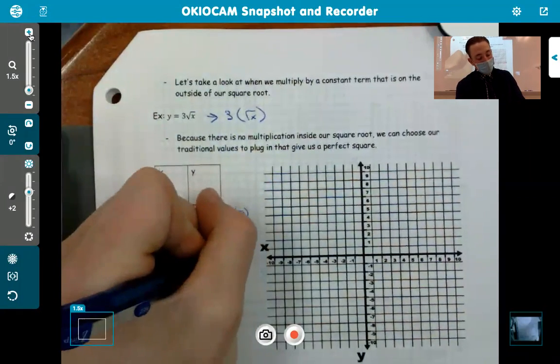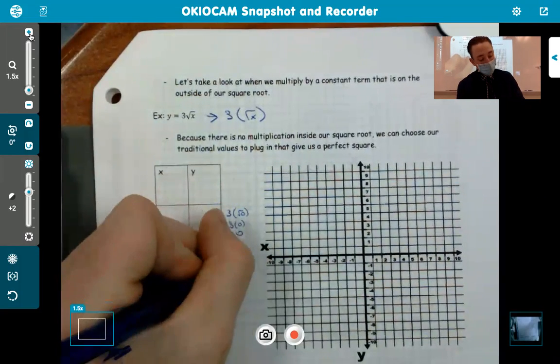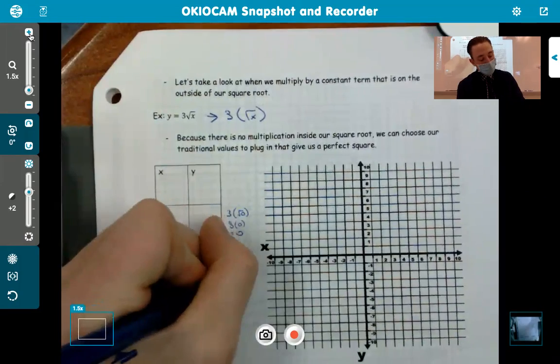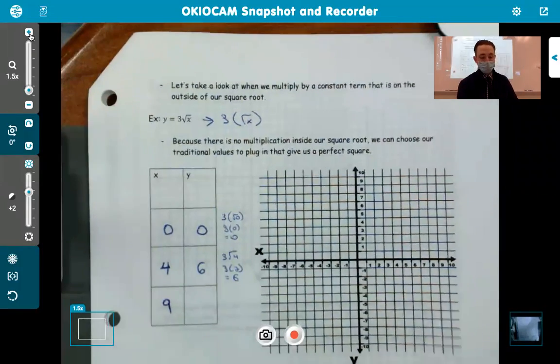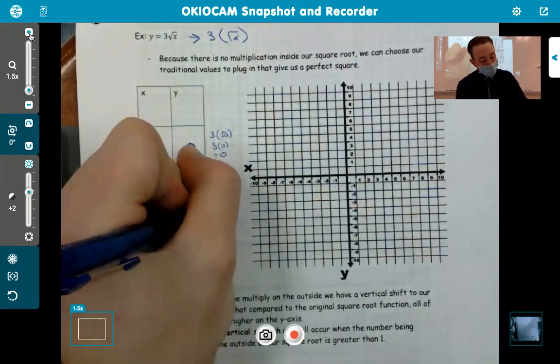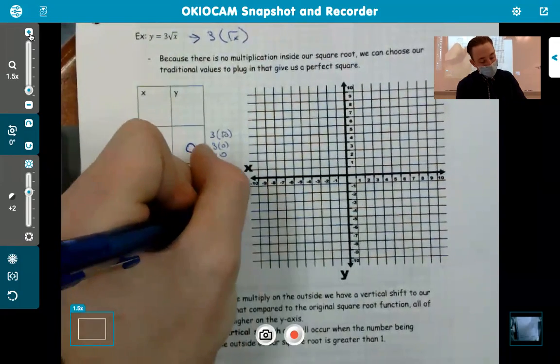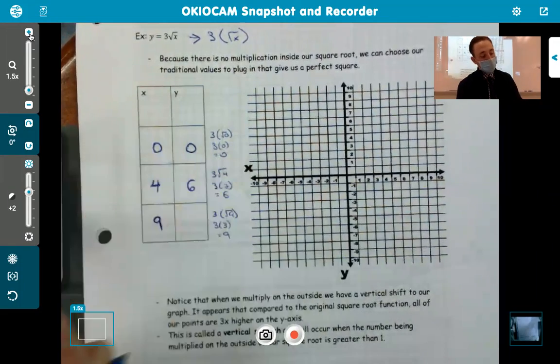What's the square root of 4 going to give me? 2. And then what's 3 times 2? 6. Square root of 9, 3, and then 3 times 3, 9.